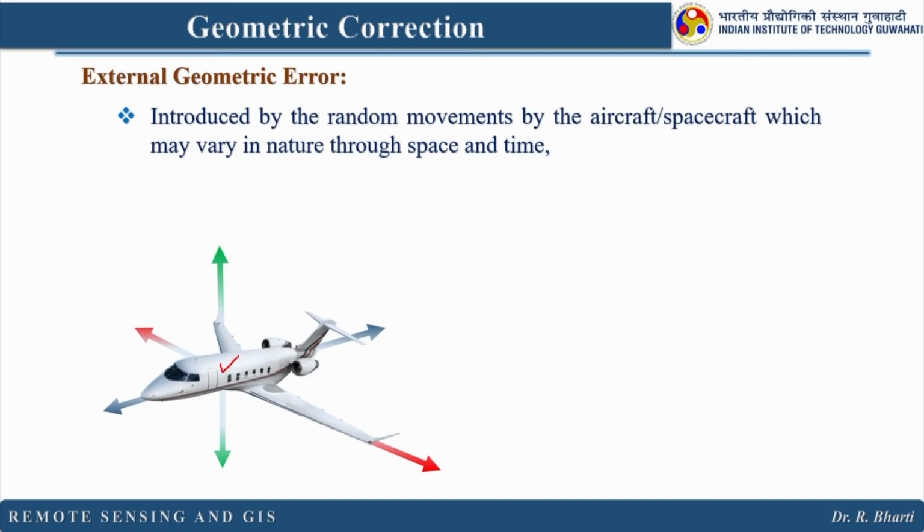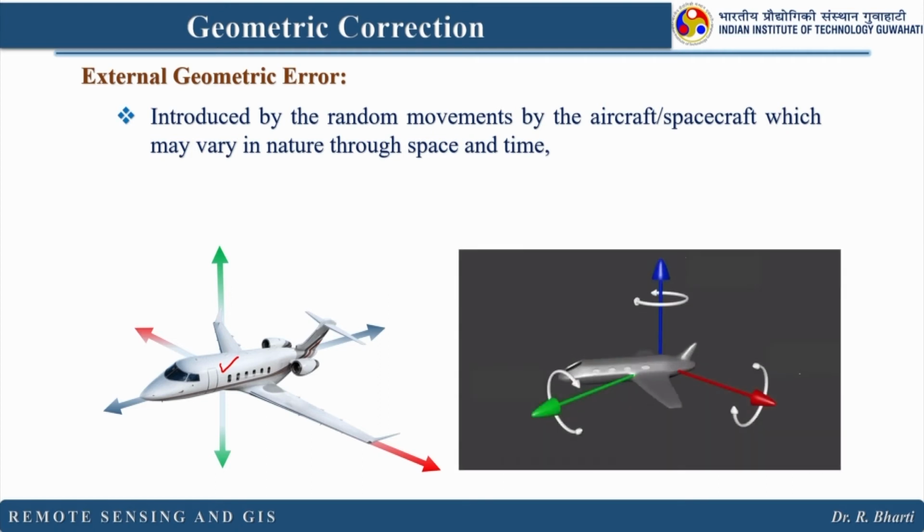You have x, y and z axes. Basically this plane can move in any of these 3 directions, and because of that there will be a change in the angle of the measurement, and because of that what will happen? You may have distorted images. I hope this is clear from this animation and the image.